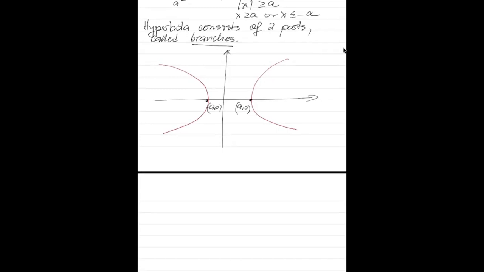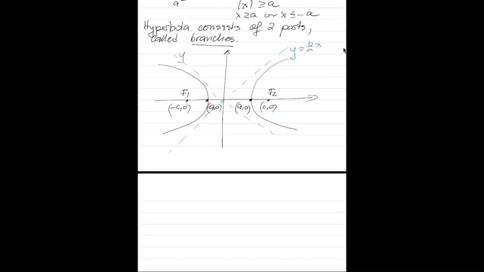The foci, so F1 is here with negative c, 0 and F2, c, 0. We also have asymptotes that can help us draw. These are oblique or slanted asymptotes, and the equations of those asymptotes are y equals b over a x, y equals negative b over a x.